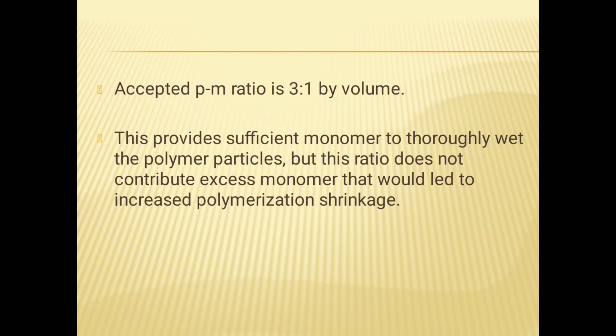So the accepted polymer monomer ratio is 3:1 by volume. Remember, when you are writing 3:1 as a ratio, is it by weight or by volume? It's by volume. This provides sufficient monomer to thoroughly wet the polymer particles, but this ratio does not contribute excess monomer that would lead to increased polymerization shrinkage.